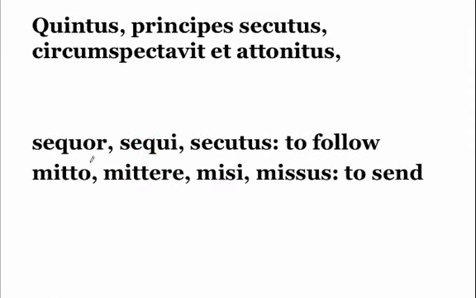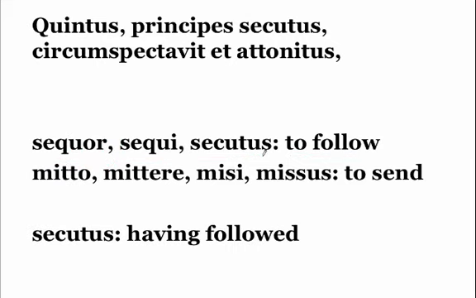So the dictionary gives you 3 forms and then the English meaning. Here's what those 3 forms are for a deponent verb. The present tense I form, sequor, means I follow. The second form is the infinitive, sequi, to follow. The third form, if it's a deponent, is the past participle, secutus.